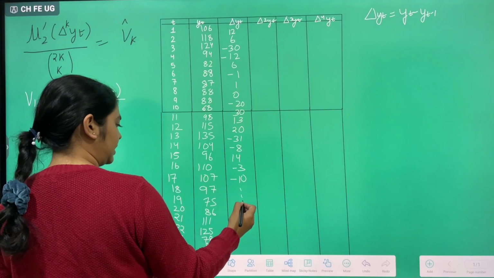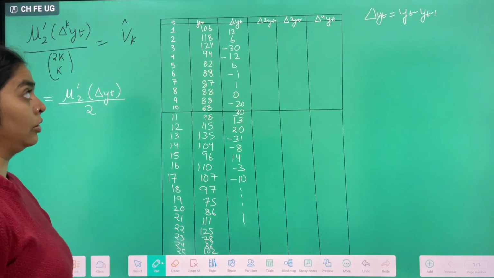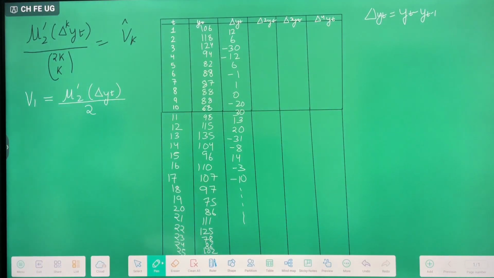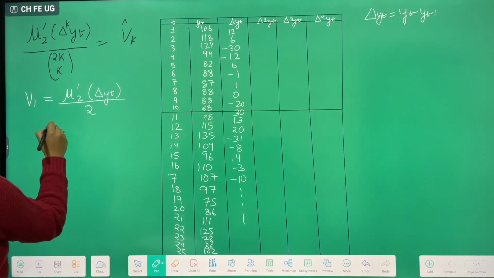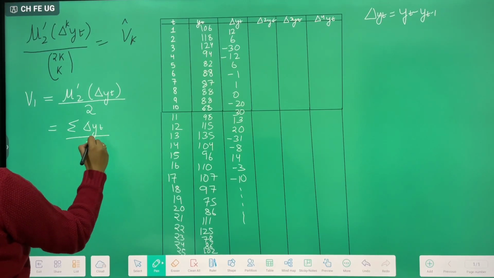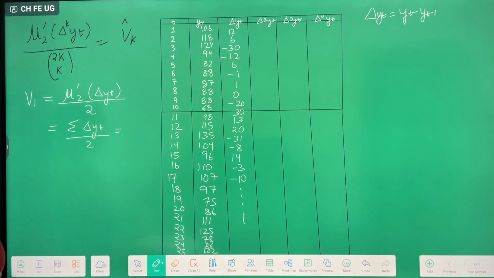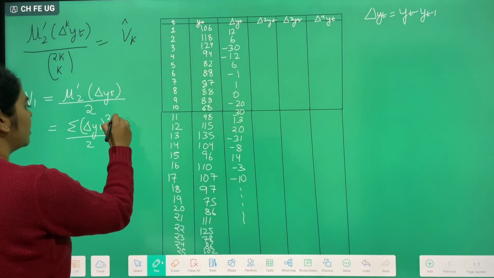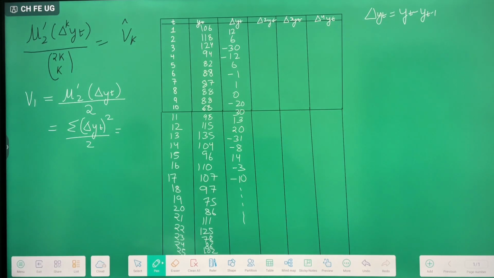75 minus... we'll be calculating all the delta yt's and the summation of delta yt. This mu dash can be written as summation of delta yt square upon 2. The summation of delta yt square will come as 8536.